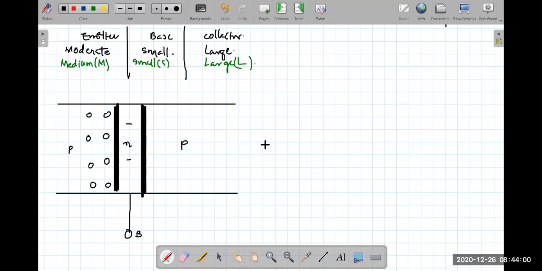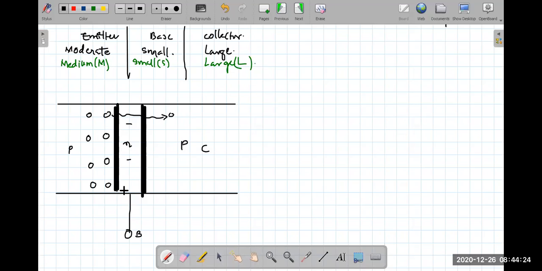Now listen carefully. What are these holes trying to do? They are trying to move from the emitter towards this collector. Is that okay? They're trying to diffuse through this to the collector. Now why should they move towards only the collector?